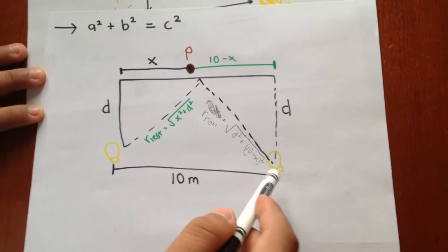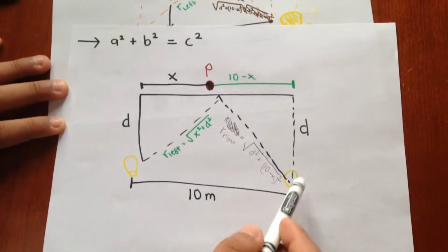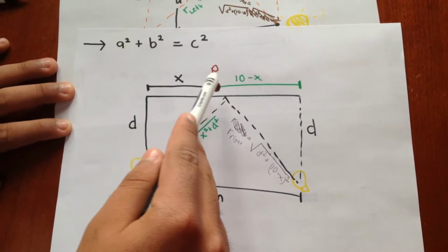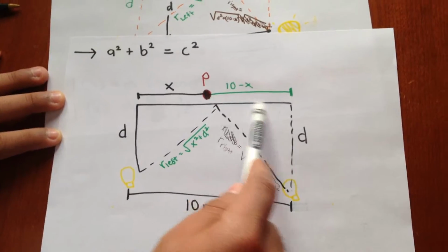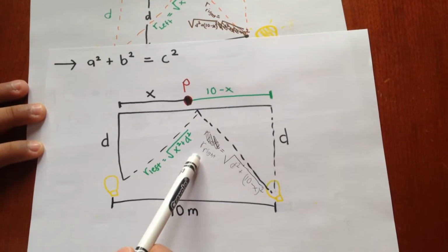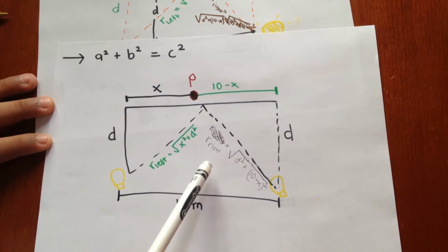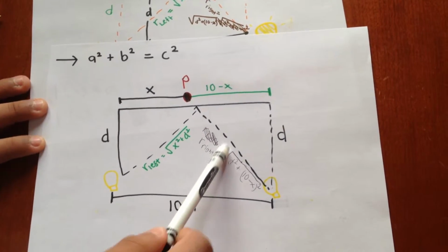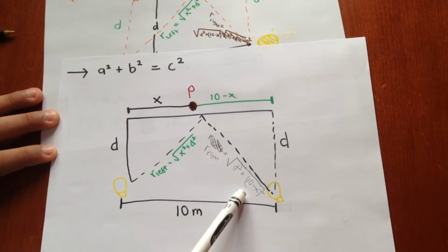The distance from the light bulb to the line L is d, and the distance from point P to the end of line L is 10 minus x. So by using the Pythagorean theorem, we find that r right, r standing for the distance from the source, is the square root of d squared plus 10 minus x squared.